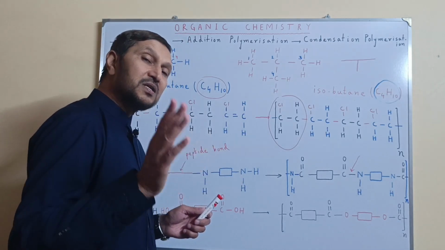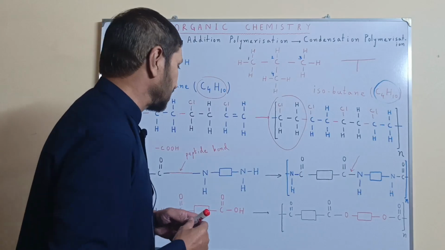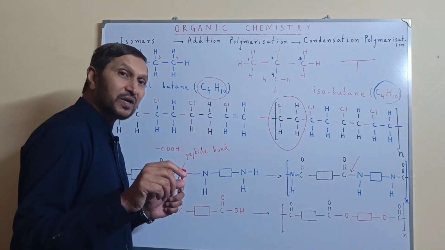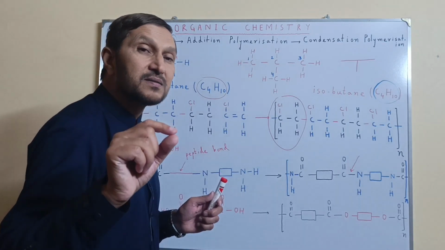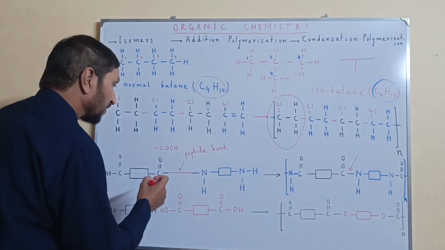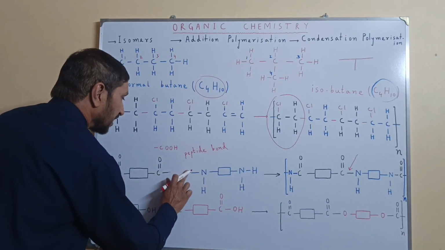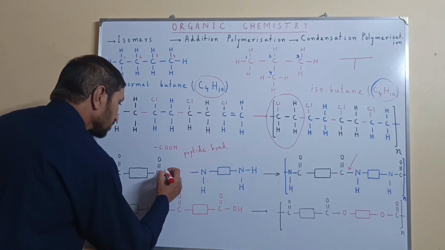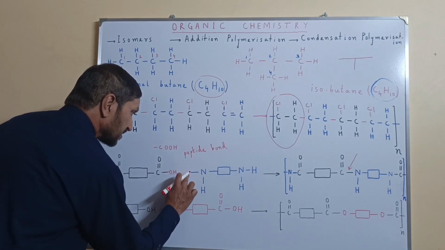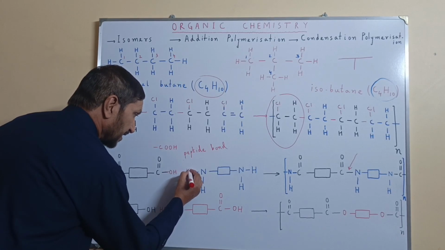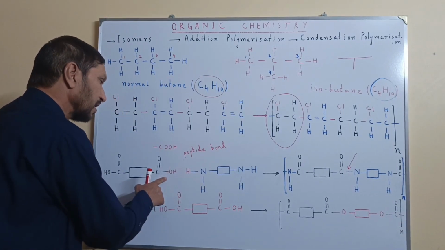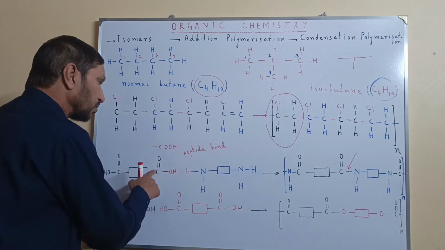Another important point of condensation polymerization is that when the two monomers are combined together, they are condensed and a simple molecule, mostly water, is removed. So from here, as I am drawing it again, what was it? It was COOH. And on the other side, what was this compound? It was NH2, the functional group was NH2. Here it was COOH.